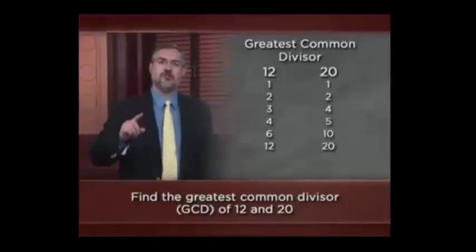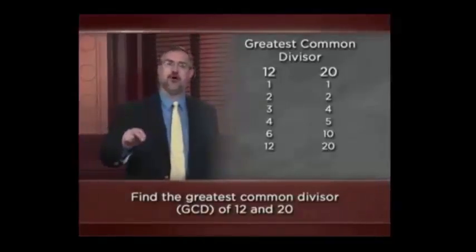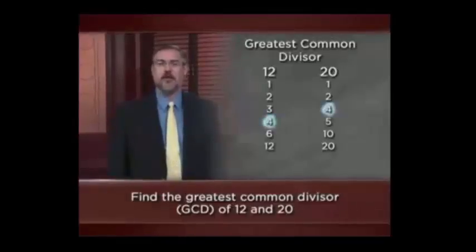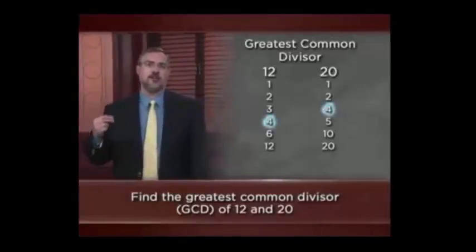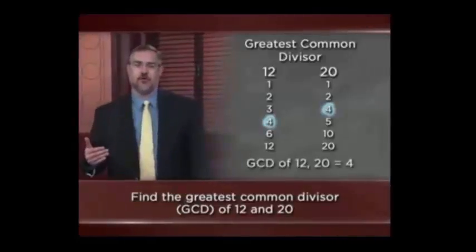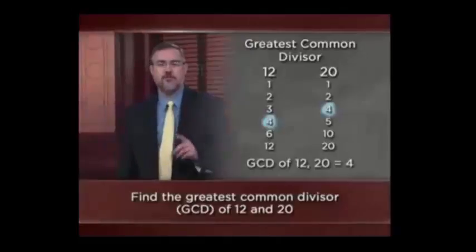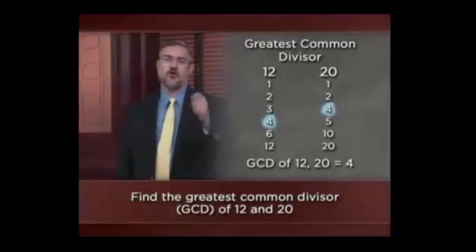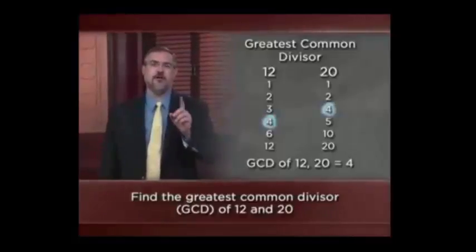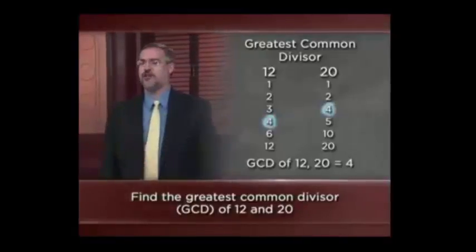What is the largest number that appears in both of those lists? Well, the answer is the number 4. And that means that the greatest common divisor of 12 and 20 is equal to 4. And again, let me explain what that 4 is. It is the greatest or largest number which is a common divisor of both 12 and 20.